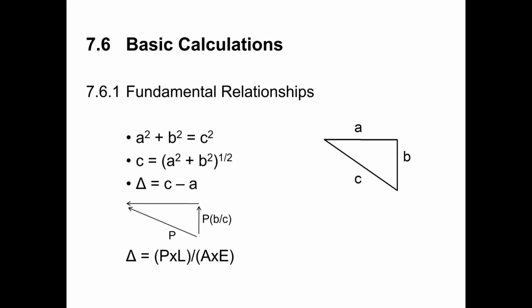But in other instances, the geometry is such that there's more error between the approximation and the exact value. So because there can be some variation there, we're not going to approximate, we're going to use the exact calculation, P times B over C.